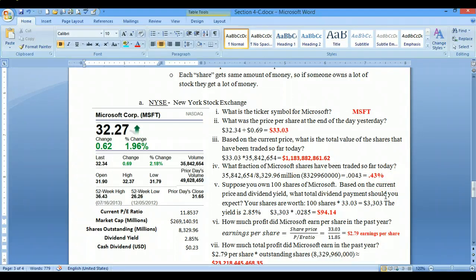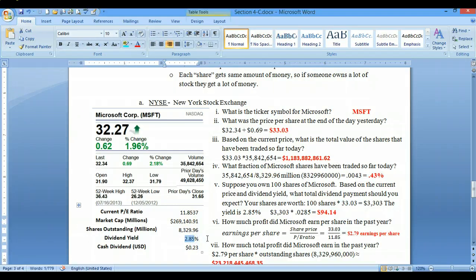All right, suppose you own 100 shares of Microsoft. Based on the current price and dividend yield, what total dividend payment should you expect? All right, so the current price we already found is $33.03. And for the second part, the yield is over here, 2.85.